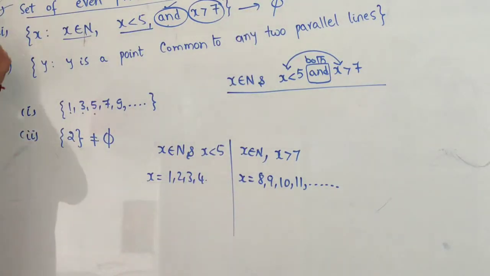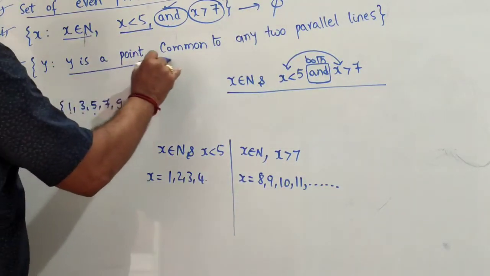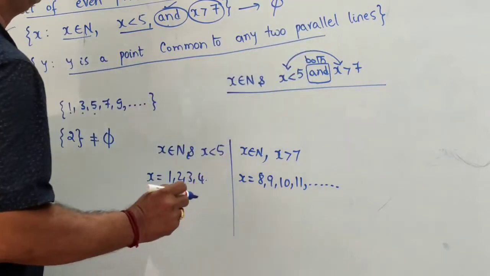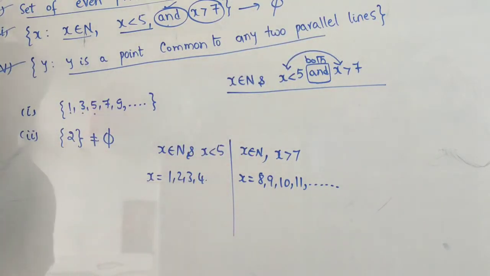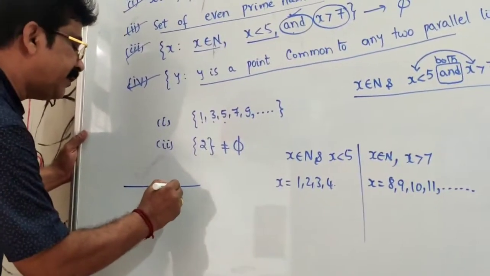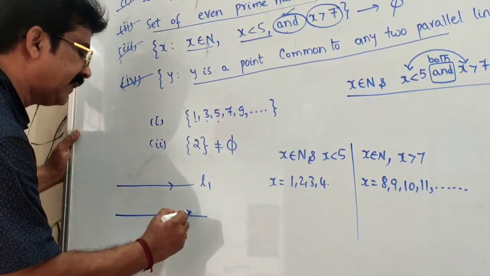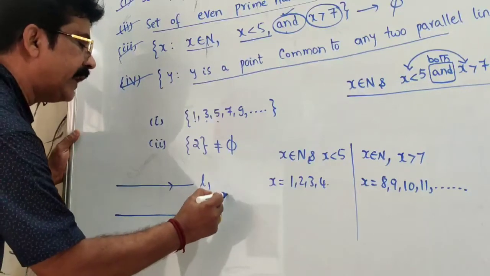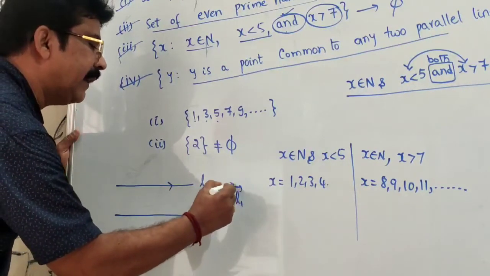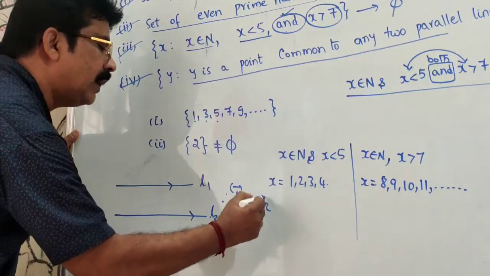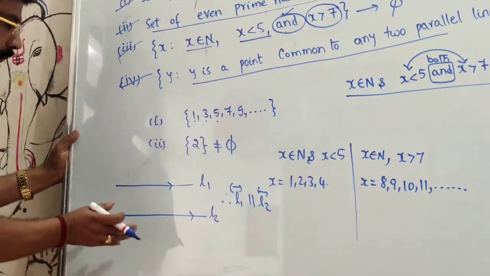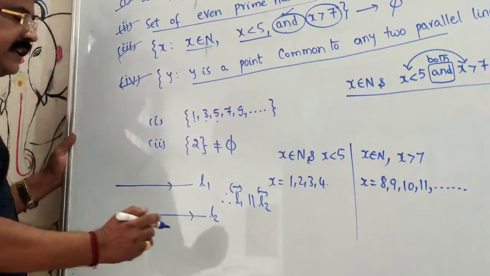Next, number 4. Why is a point common to any parallel lines? Parallel lines means, for example, this is one line, L1. Next, it is L2. So L1 line is parallel to L2. Therefore, parallel lines never intersect.